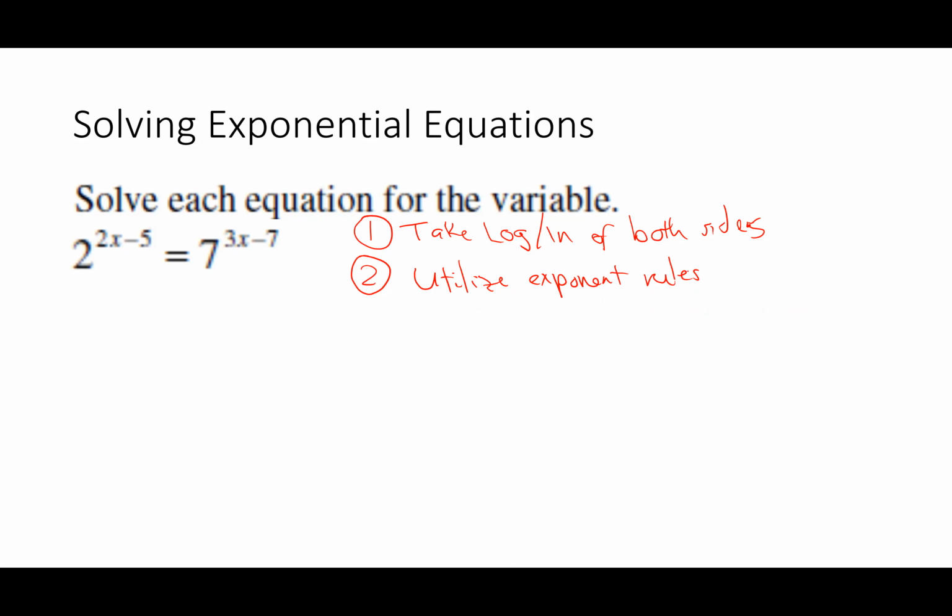We could use either of these. I'll tell you now, for this first method, you're going to have a simple procedure with a ton of algebra. Whereas for the second method, you're going to have a complex procedure with very little algebra.